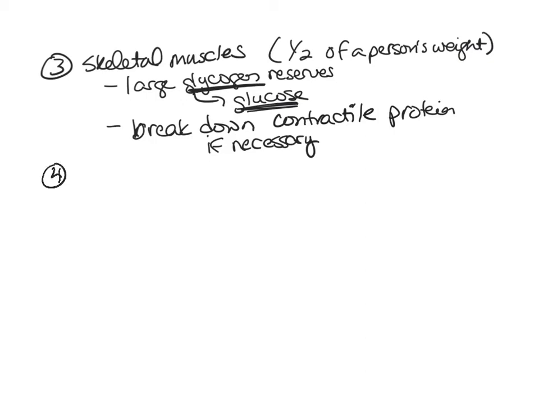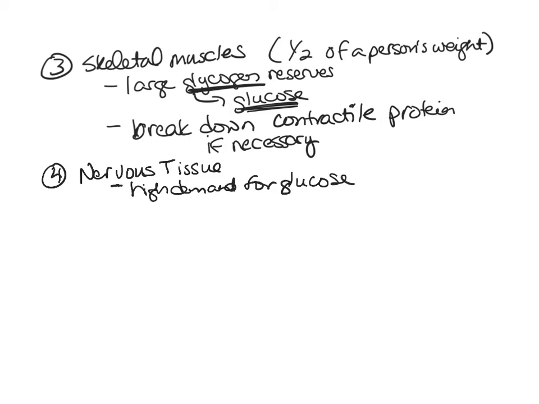Another tissue involved is nervous tissue. Nervous tissue has a high demand for glucose. So nervous tissue can't really store carbohydrates, lipids, or proteins. It doesn't store those, so it can't maintain a reserve.